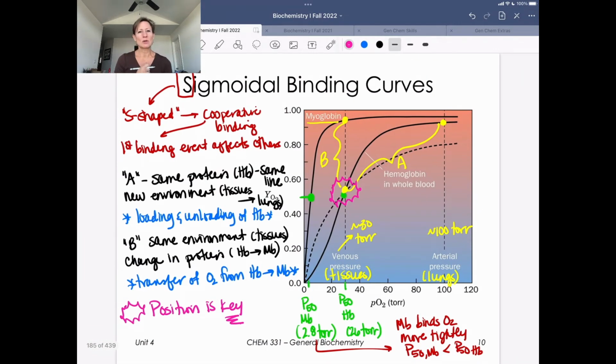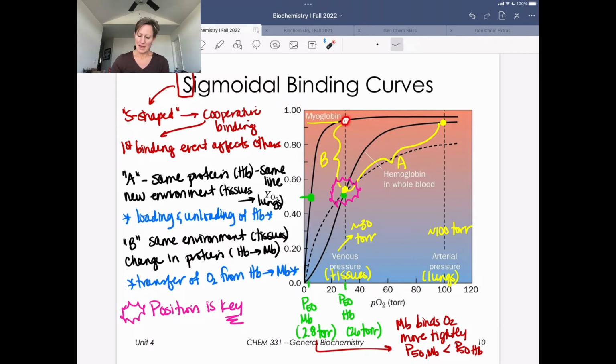And that's the point that we were talking about with this slide when we talked about the effect. And if you need to, go back and watch this video on hemoglobin binding. And we talked about the difference between these 2 points highlights the effect of loading and unloading hemoglobin as it goes between different environments.